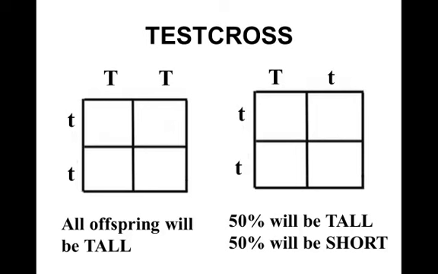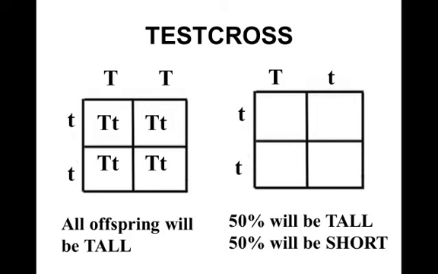If I take that parent and cross them with a homozygous recessive parent, a short-looking parent, here is my Punnett square. I can fill in the boxes. If my unknown parent has the big T, big T combination, and I cross it with a homozygous little t, what I'm going to get is all tall offspring. There's no way that I can get any short offspring with these two parent genotypes.